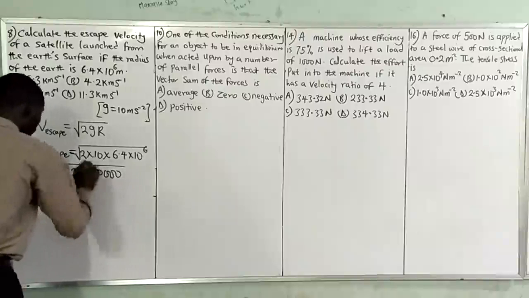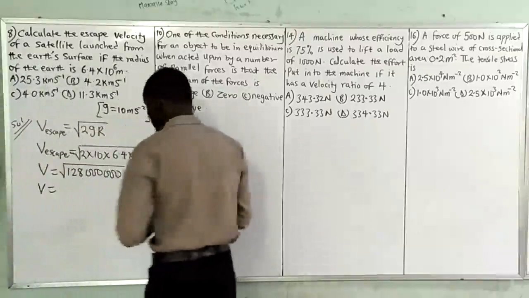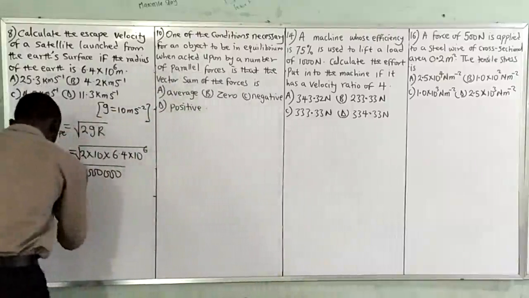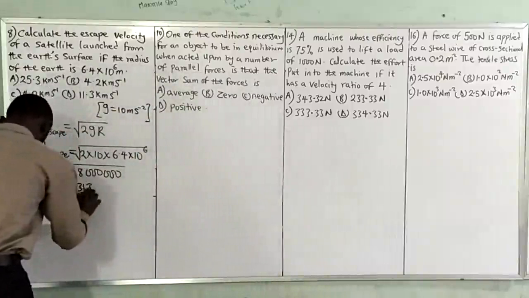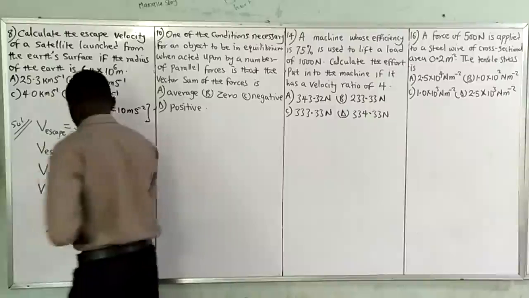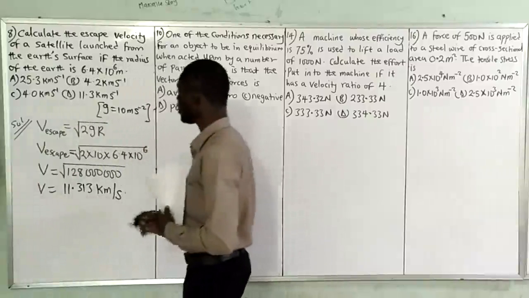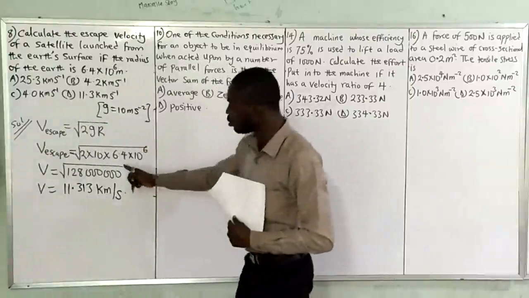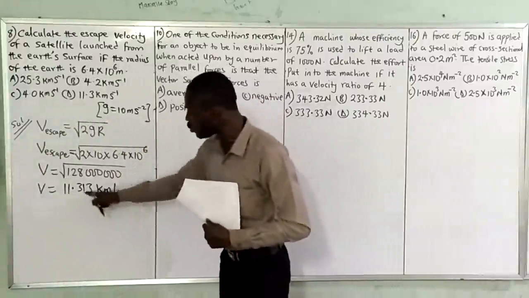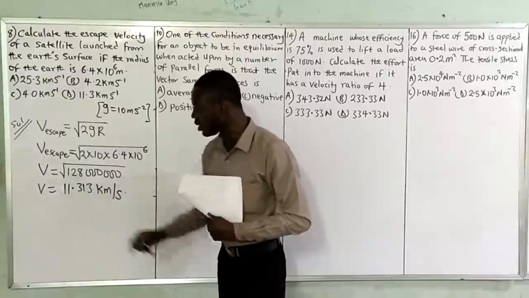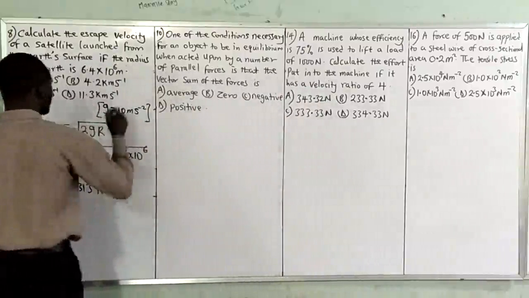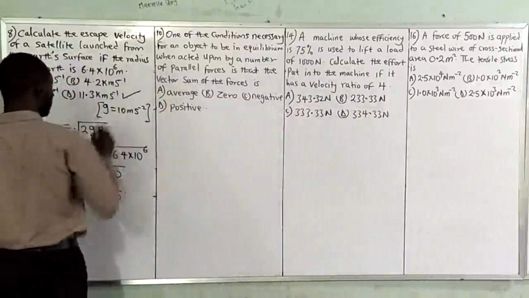So the square root of 128 million will give us 11.313 in kilometer per second. Remember that this is in kilometer per second. That means if you do the square root, then convert it to kilometer, you will have your result as 11.313 kilometer per second. Now which option is that? That will be Option D.